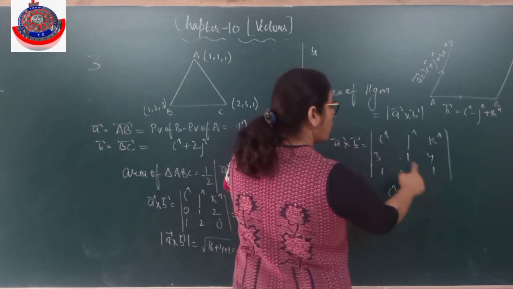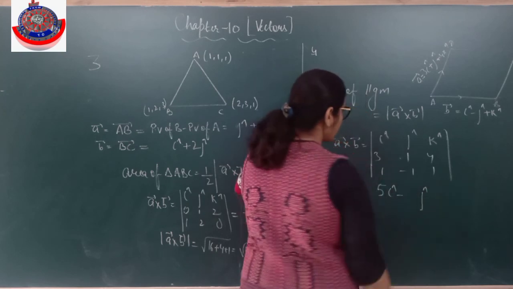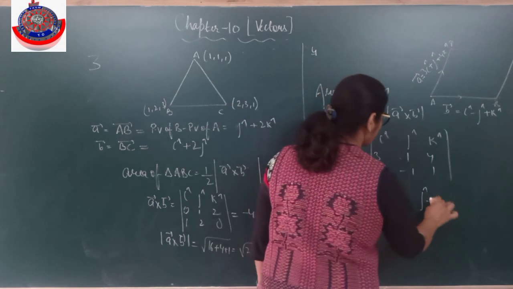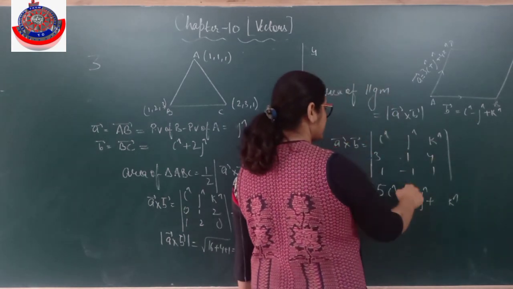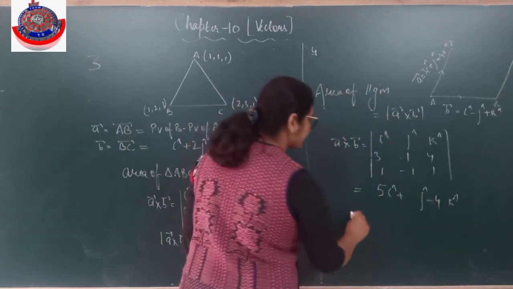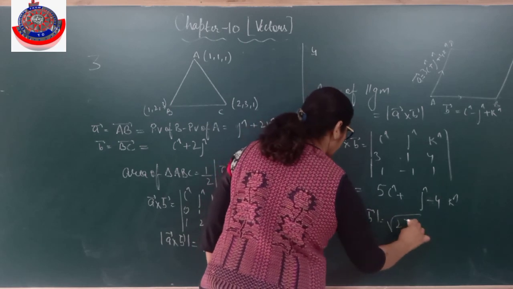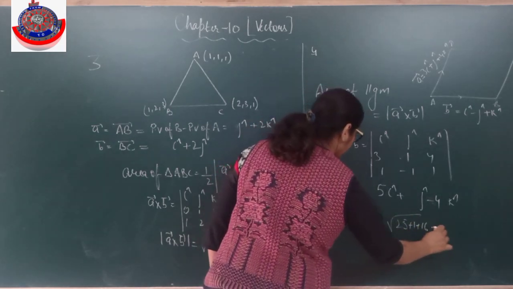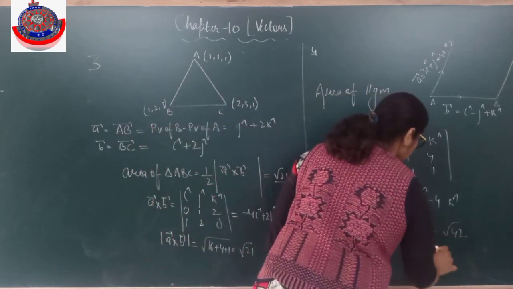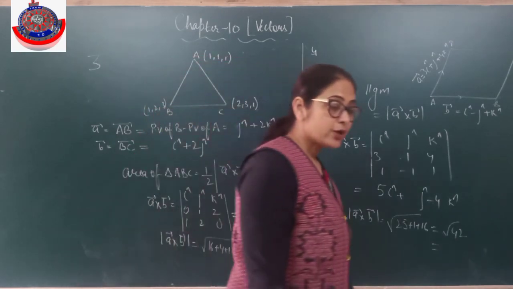I, 1 plus 4, 5. It's minus j. Leave this. 3 minus 4, minus 1, so it will become plus 1. Plus k, leave this, minus 3 minus 1, minus 4. So I need the magnitude of it. Alright, so that is the area of the parallelogram. I hope children it's clear.